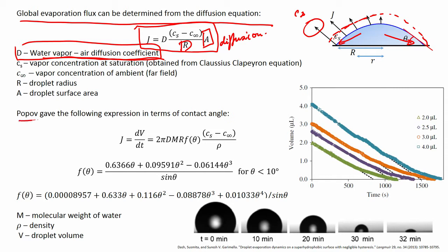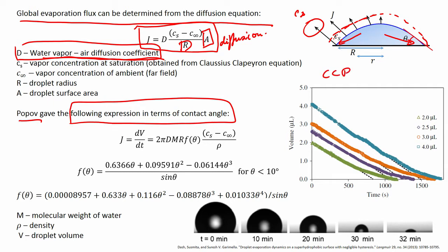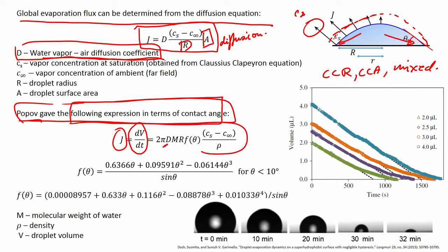So Popov gave another expression in terms of the contact angle now. As we said, when the droplet evaporates, if you remember, there is something called CCR, CCA and mixed mode that we already did in the last class. So Popov gave the following expression for the contact angle. He basically cast J, which is the rate of change of volume of the droplet, once again in terms of D and the concentration difference.